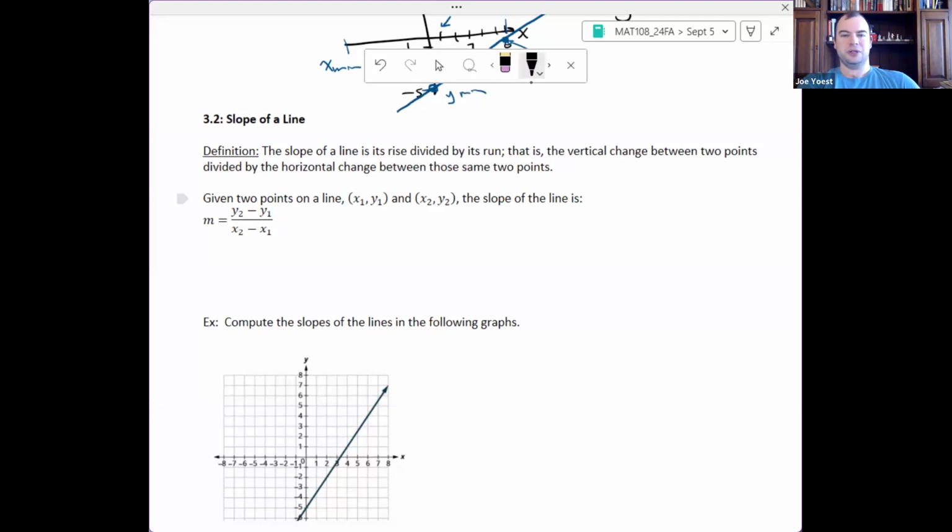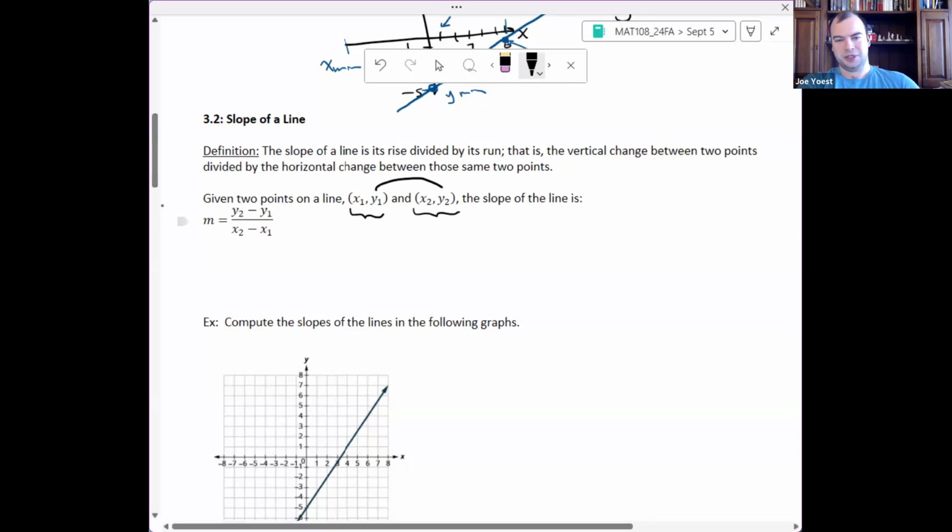So if we have two points on the line, point number 1, x1 comma y1, and point number 2, x2 comma y2, then the slope of the line is defined to be, again, the rise over the run, the vertical change, the change going from y1 to y2, that's y2 minus y1, divided by the horizontal change, the change going from x1 to x2, that's x2 minus x1.